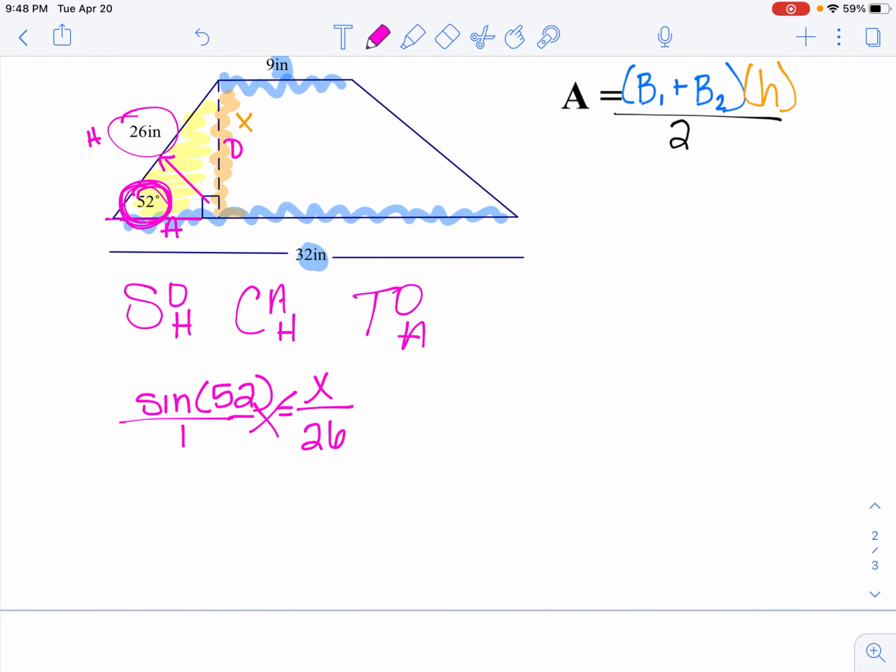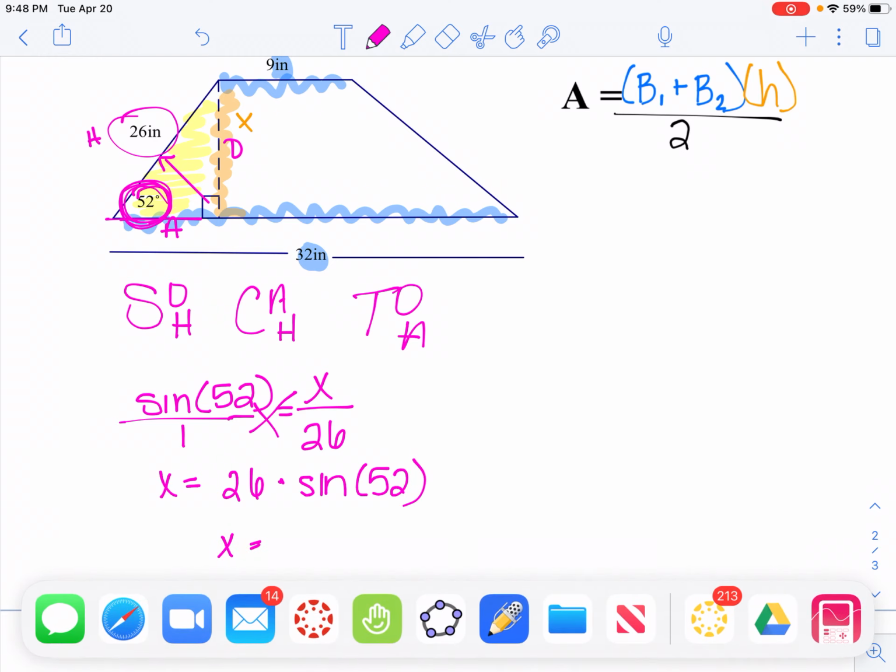To solve this, I'm going to cross multiply. 1 times x is x. 26 times the sine of 52. You're going to go ahead and put that into your calculator.